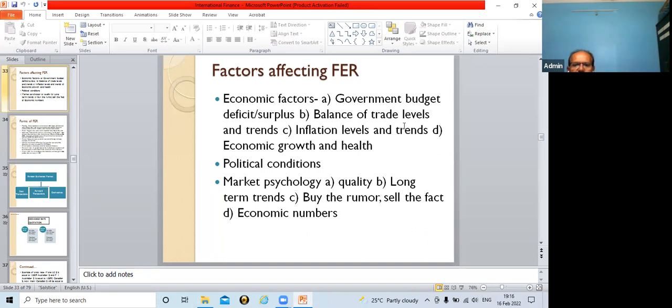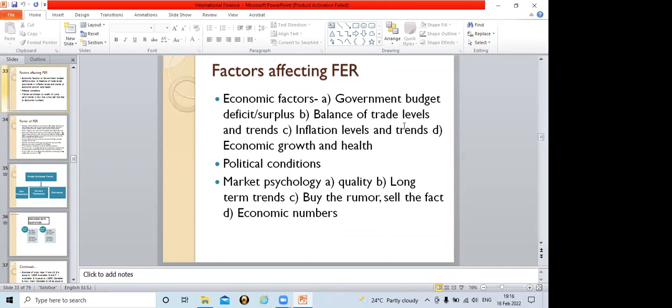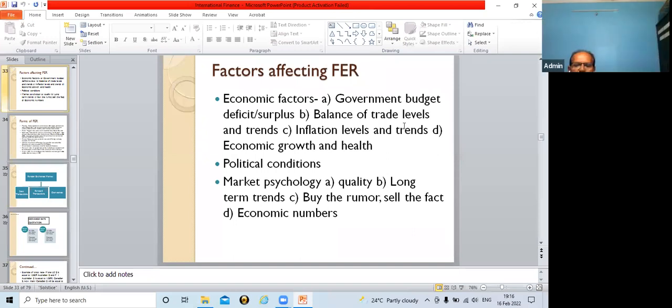Vice versa, while studying 3 years of balance of trade reports, if you feel that in a particular sector the country is a little bit stable, and maybe in another sector it may not be stable, it will help you to have international business in such an area where the country is stable. So this BOT level also matters a lot in the foreign exchange rate.